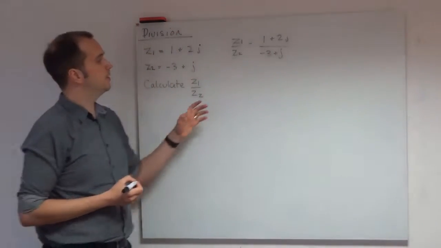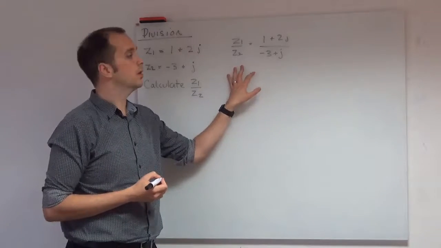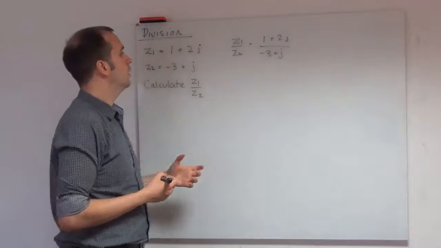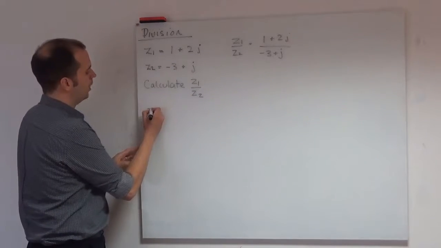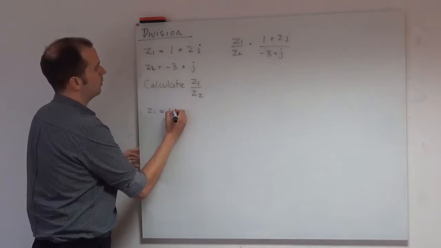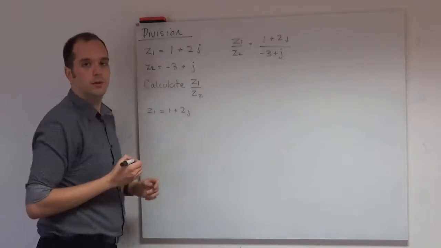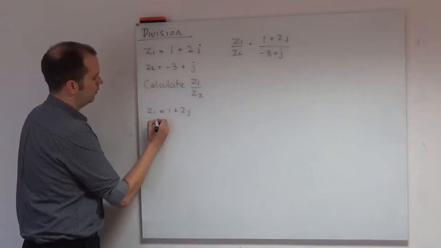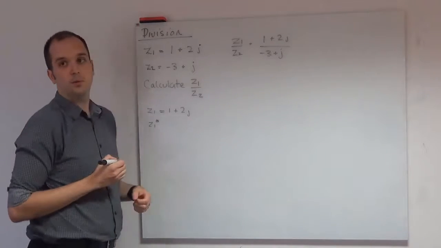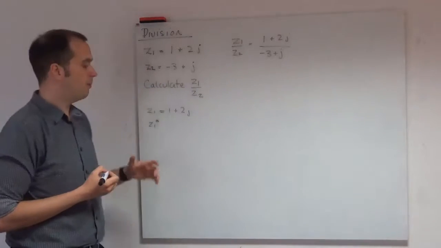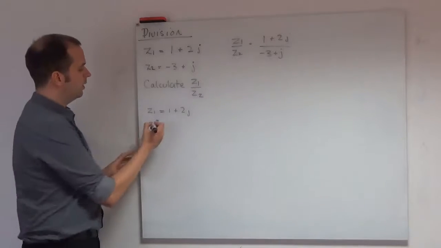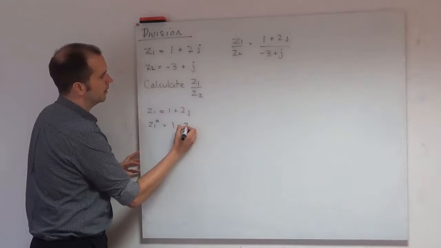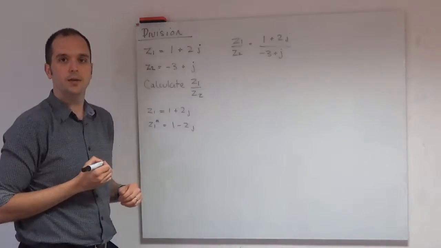Now, to do the division of complex numbers, we have to understand the idea of the complex conjugate. So if we take z1, which is 1 plus 2j, the complex conjugate of z1, which I will denote by z1 star (some people might use z1 bar, but I'm going to use z1 star), would be 1 minus 2j.